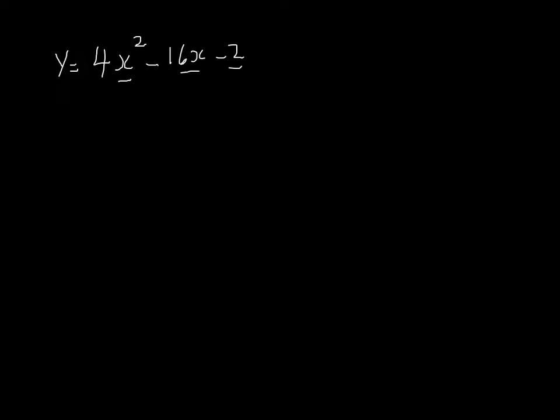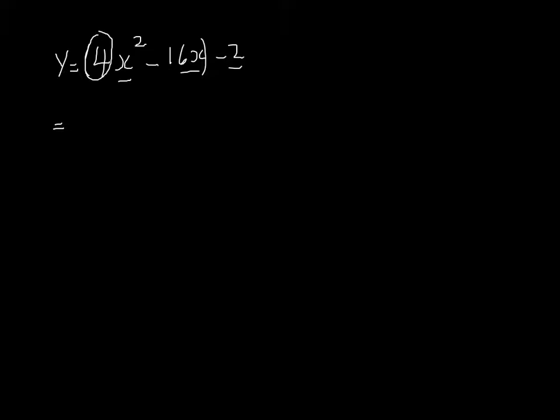The first thing you're going to do is put a bracket around the terms that have the x component, which is 4x squared and minus 16x. The second step is always to make sure the leading coefficient of x squared is 1 in the bracket.